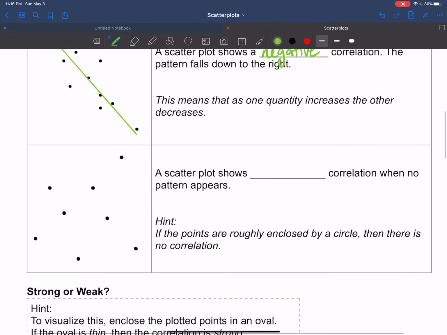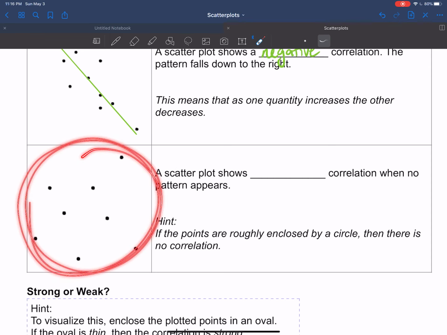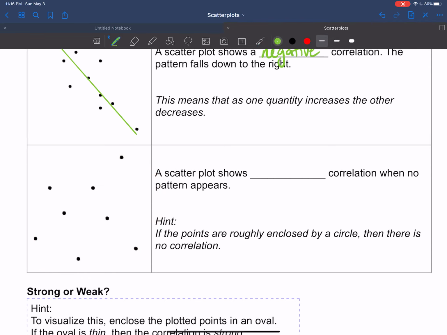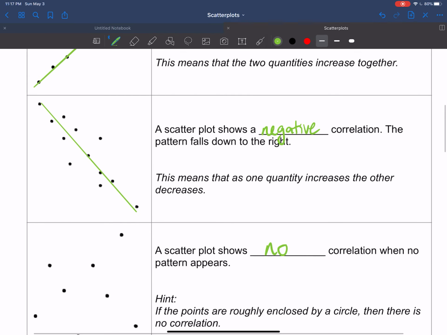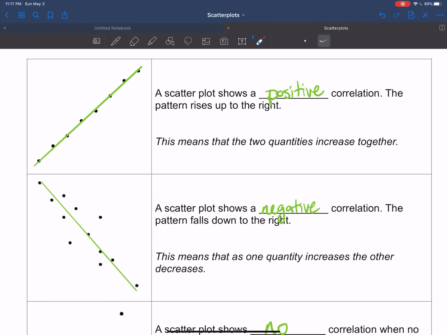Now here we can see there's no clear pattern. It's kind of a jumble of dots. So this shows no correlation. Strong or weak. Correlation is strong if it forms a clear line.